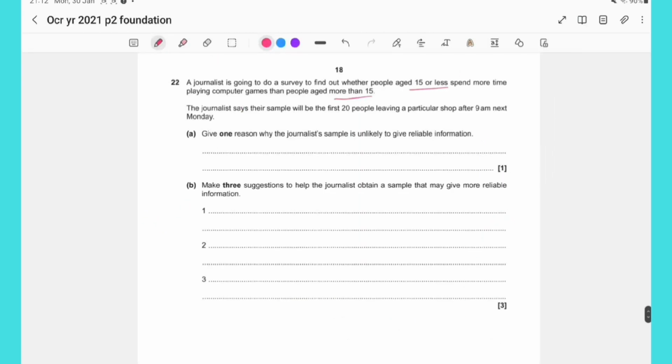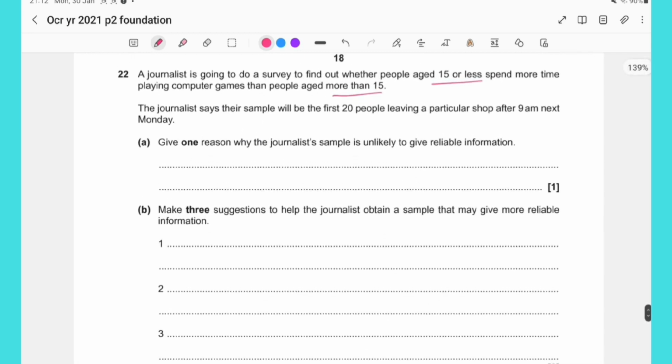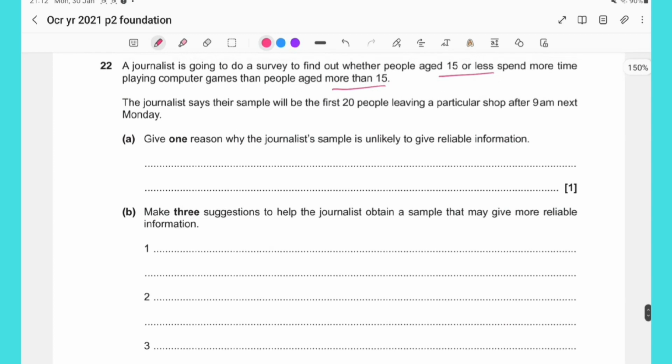Question number 22. Say a journalist is going to do a survey to find out whether people aged 15 or less spend more time playing computer games than people aged more than 15. So it's a survey. A journalist says their sample will be the first 20 people leaving a particular shop after 9 a.m. next Monday.